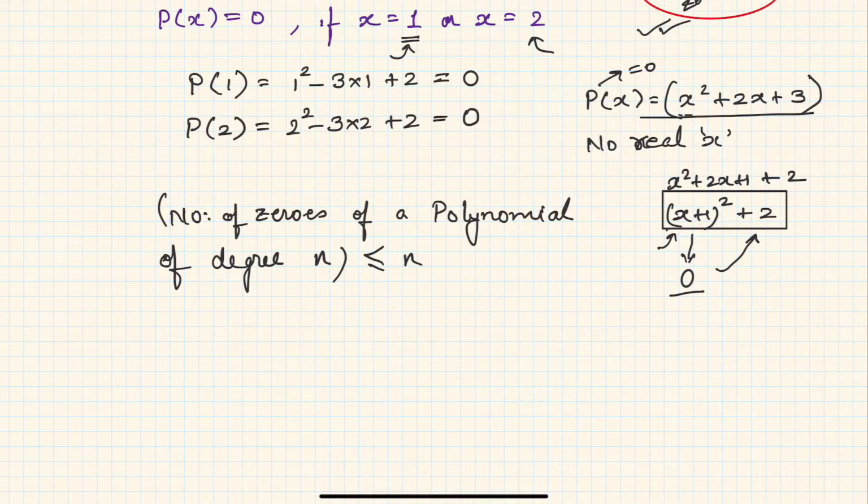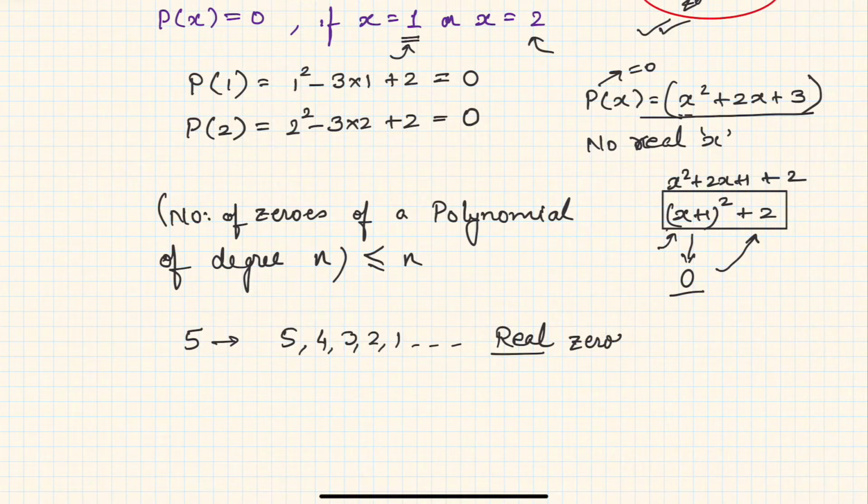So if you have a polynomial of degree 5, then the number of zeros will always be either 5 or 4 or 3 or 2 or 1, like that. And we are talking about real zeros, right? So we'll see.